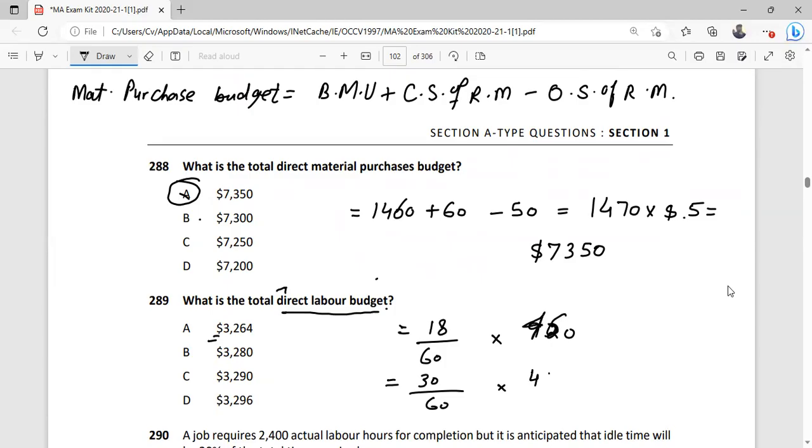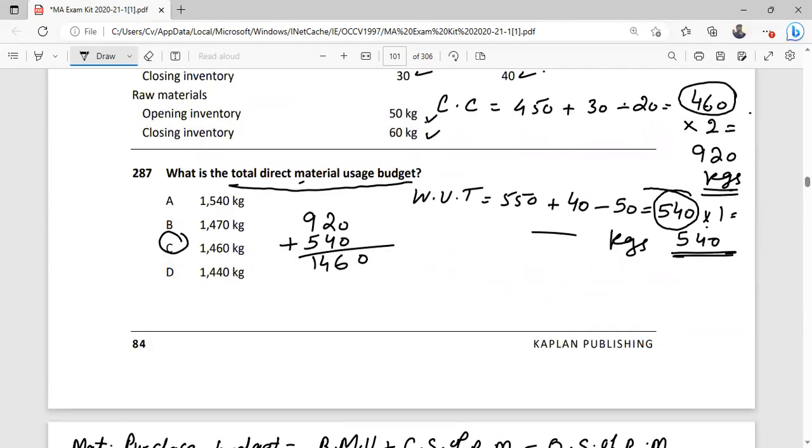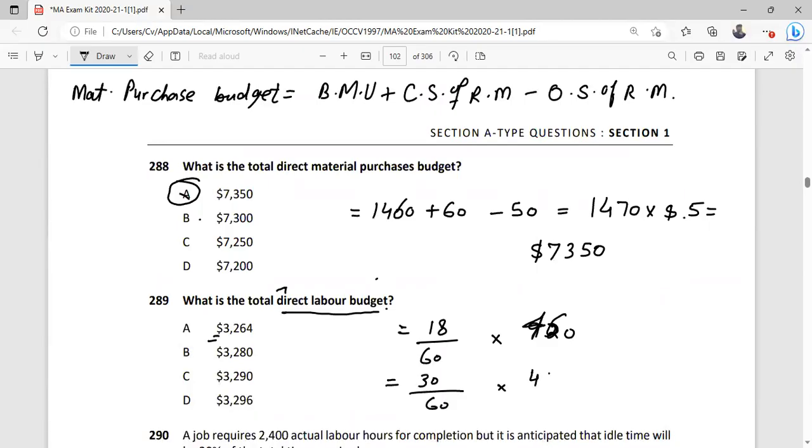Sorry, here we have 460 units, 920 was the usage. And then we have how many units? We have 540 units. So we can calculate the number of hours. What would be the number of hours? In the first equation we have 138 hours, and in the second product we have total 270 hours.